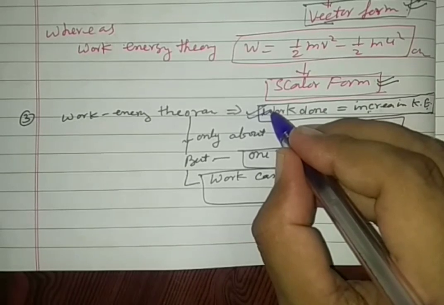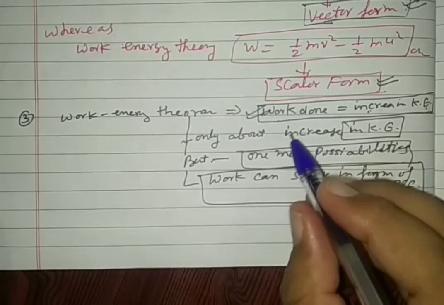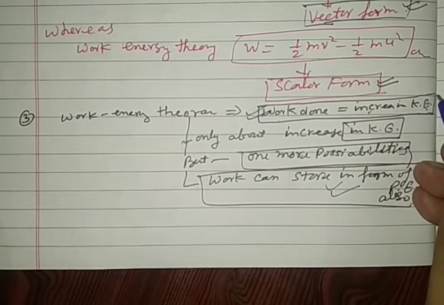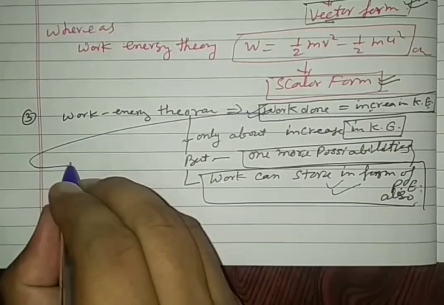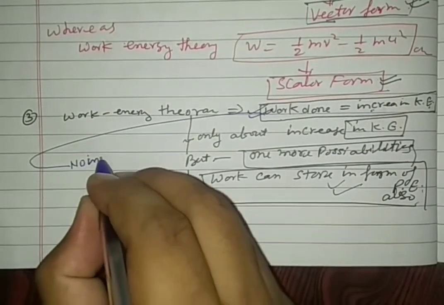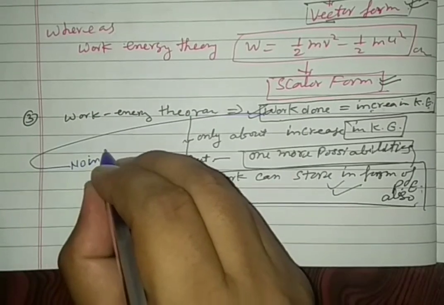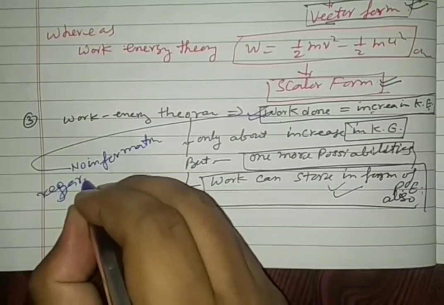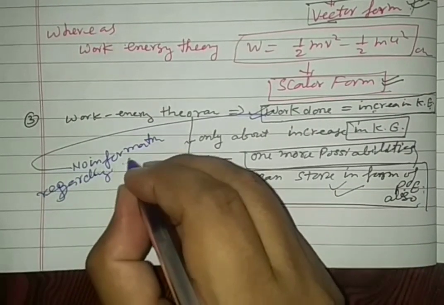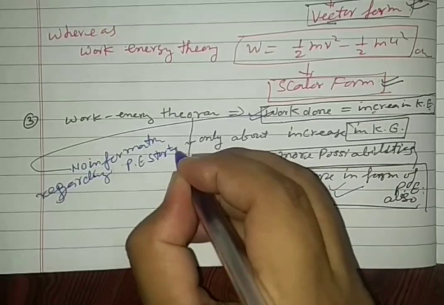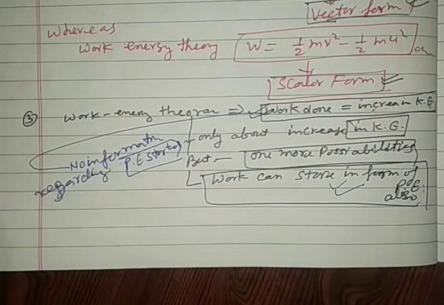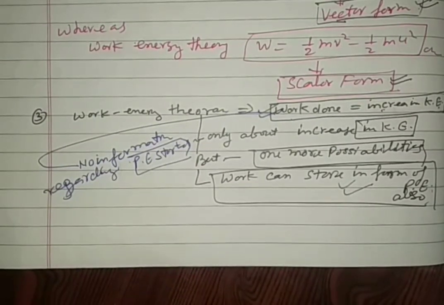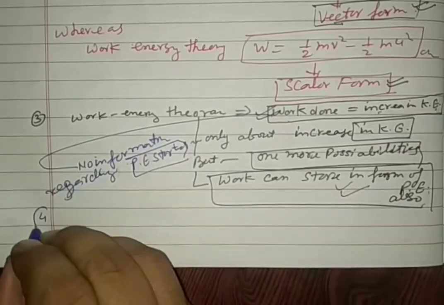So this is the limitation of the work energy theorem, that it gives only increase in kinetic energy, but no information regarding the potential energy stored.